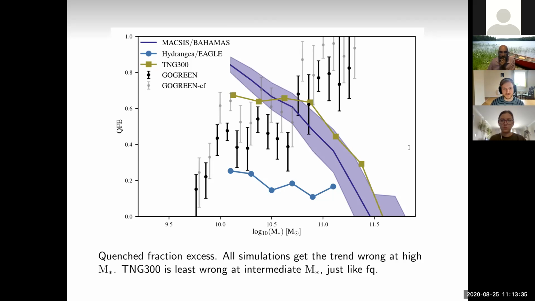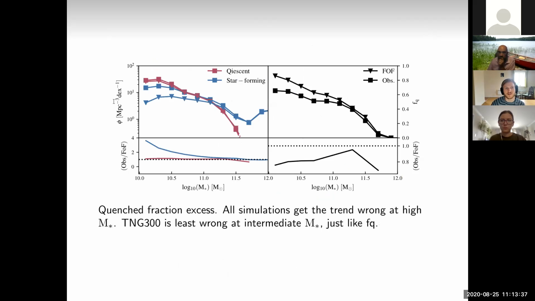So if I just scroll down to the bottom here, this is a galaxy stellar mass function. These are star-forming and quiescent, and the triangles are the friends of friends members, and the squares are the observational selection. And what you see, if you look at the difference, is up to a factor of 4 at the lowest stellar mass, 10 to the 10, of star-forming galaxies in the cluster sample, whereas the number of quiescent galaxies is the same.